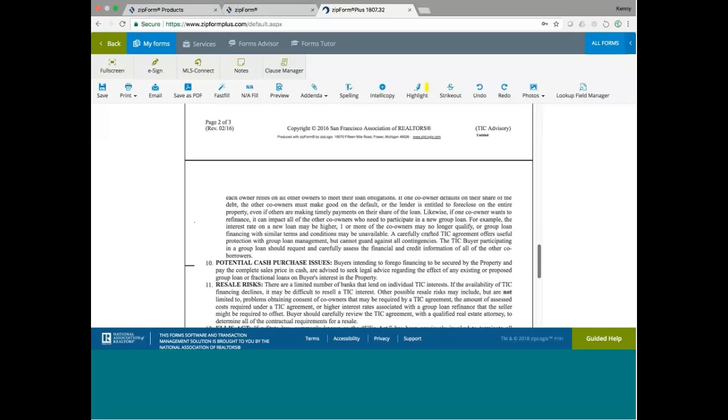Group loan. Now, what do they say about group loan that is negative? They say a group loan is shared by multiple co-owners and secured by the entire property. As a result, each owner relies on the other owners to meet their loan obligations. Just imagine, of 4 people, one person is always late on submitting their loan payment.